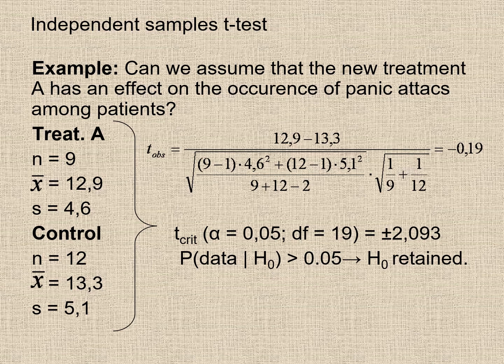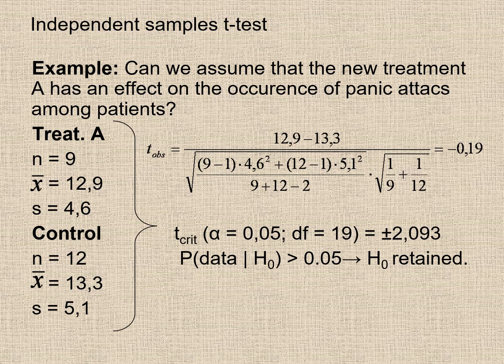The reason it became negative is that we used the treatment group as sample 1 and the control group as sample 2. Had we done it in the opposite direction, we would have received an observed t-value of plus 0.19, and the conclusion would have been exactly the same.